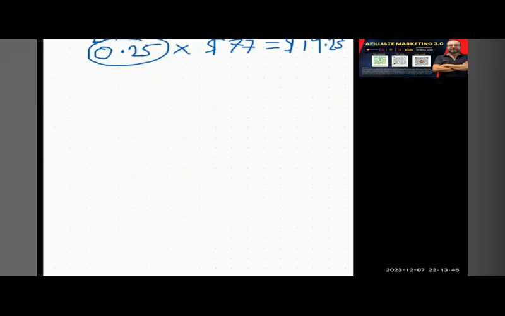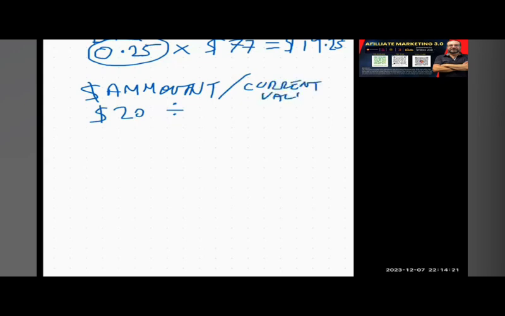So you take the dollar amount, let's say in this case $20, and you divide by the current value, which again is $77.